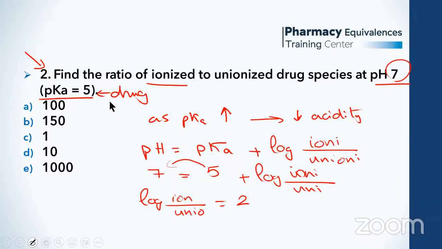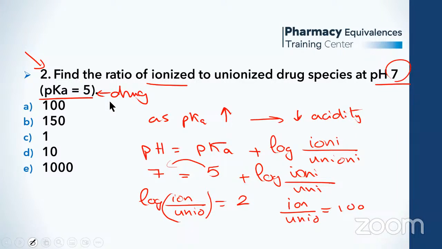Right? Mathematically, what is the value of this ratio? If the log equals 2, mathematically it will be 100. 2 means 2 zeros. Okay, so ionized over unionized equals 100.